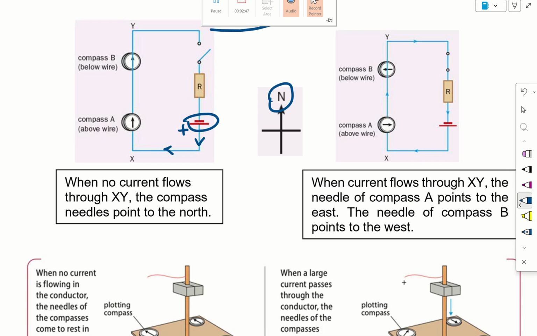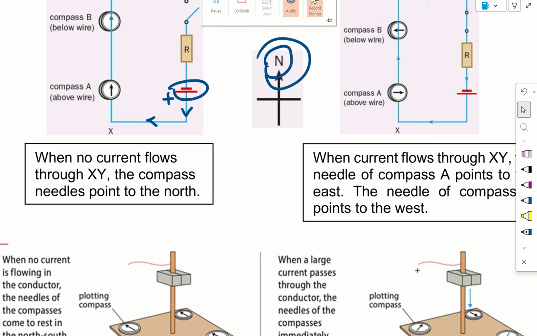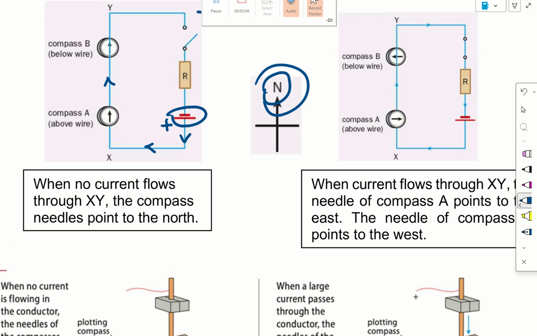But when the switch is open, both compasses will point to the geographic north. When no current flows through XY, this part of the wire, because it is an open switch, the compass needles both point to the north.